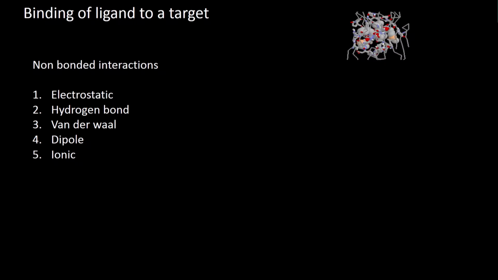Generally the bond energies of these non-bonded interactions are very low when compared to that of the covalent bond. But these bonds keep the ligand in place and keep it in the proper conformation for inhibition or conversion to happen. If it is an enzyme catalyzed reaction, you are going to have a conversion.